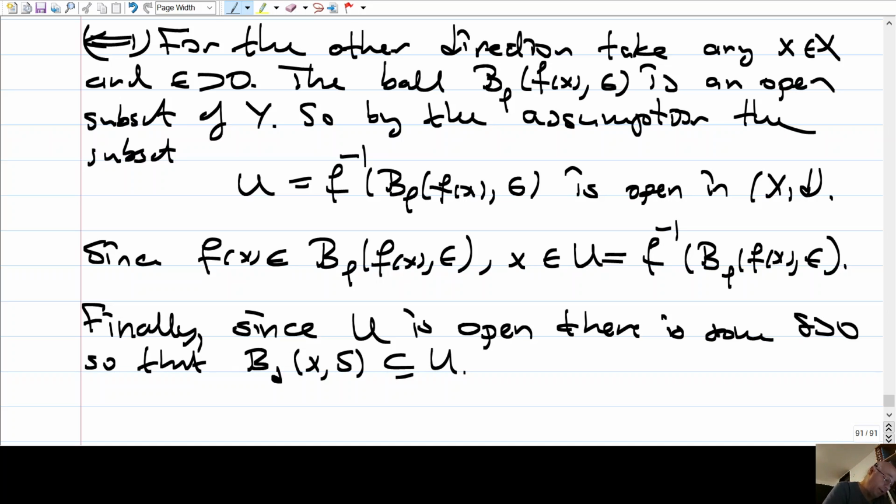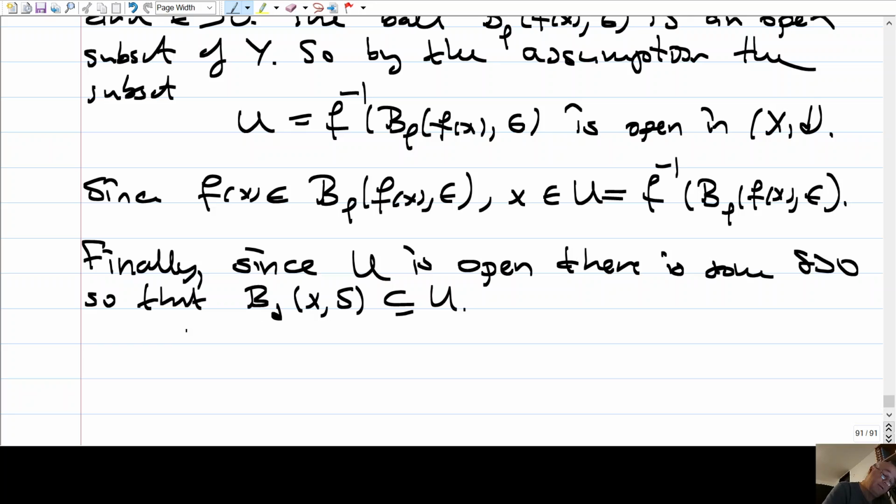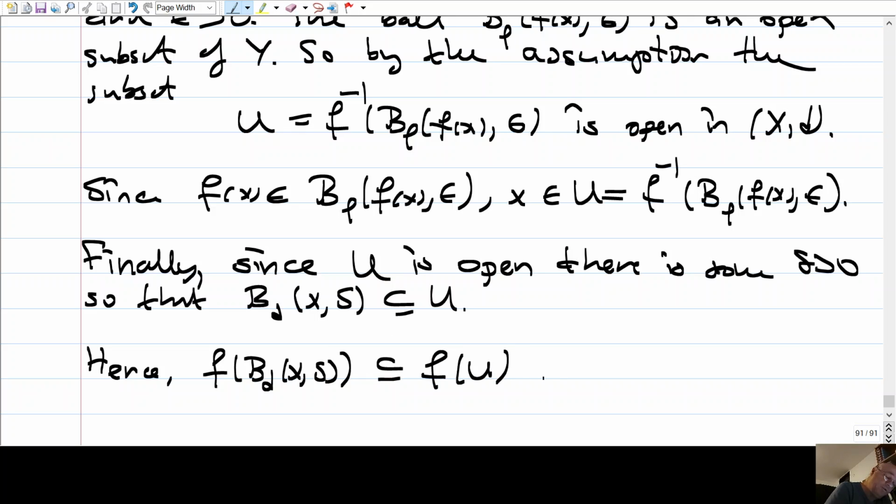But f of x lies here, hence f of this ball lies in f of U, but U is the inverse image of this set, right? Inverse image of this set. So when you take its image, image of this will be contained in this set.